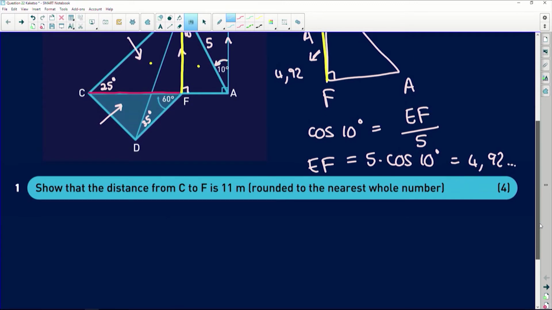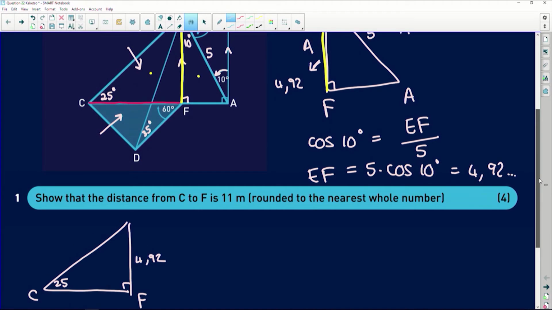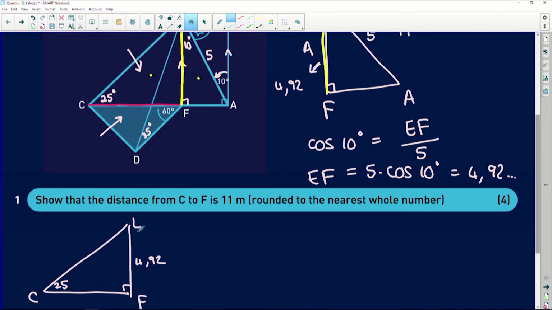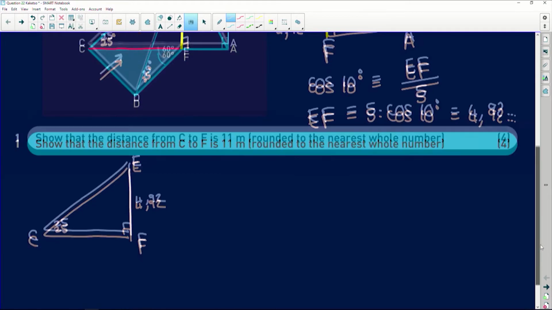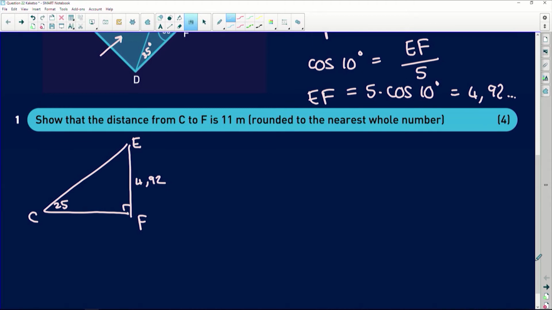Okay, so now we can start moving into a triangle that actually contains the side we're trying to find. Okay, so we have C, F, that's 90 degrees, we've got 25 there. We've just found 4,92 there. And that point up there is E. Okay, so now we have enough information to try and find CF, which was this side here.